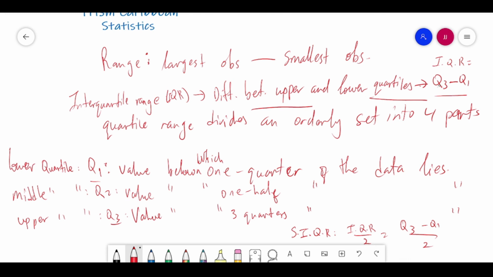Again, the interquartile range is Q3 minus Q1, and the semi-interquartile range divides the interquartile range by 2, which in mathematical terms means Q3 minus Q1 divided by 2 is equal to the semi-interquartile range. And that's it for that.